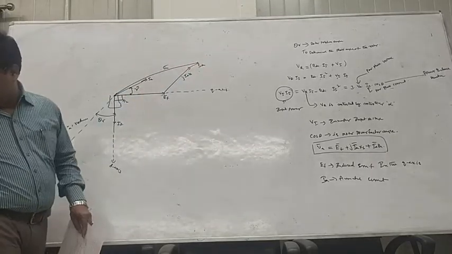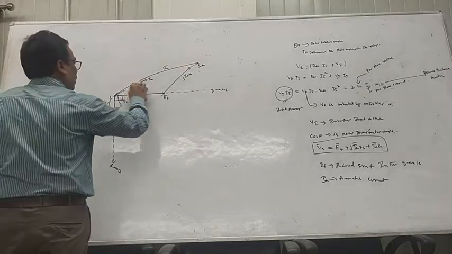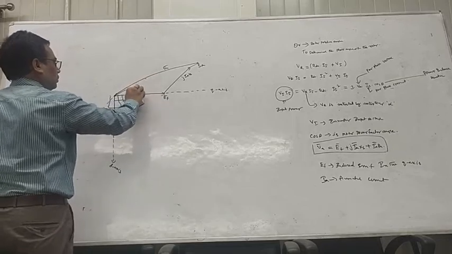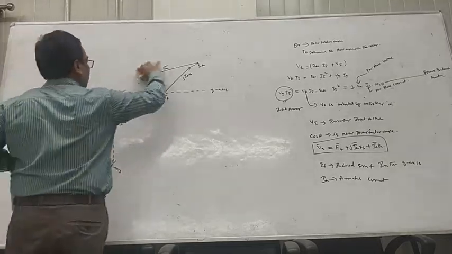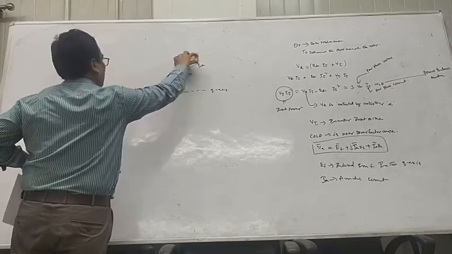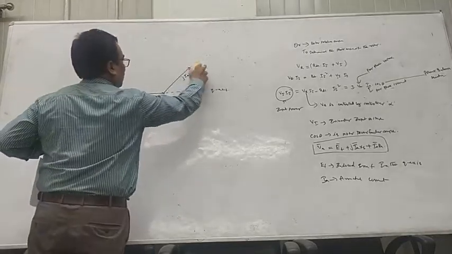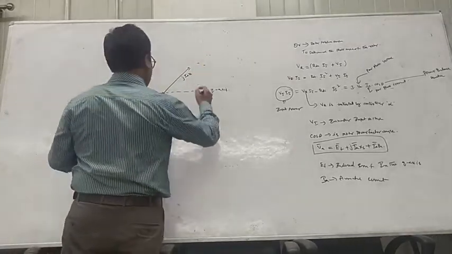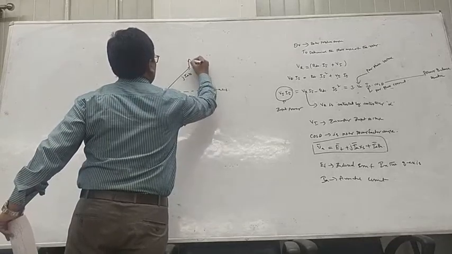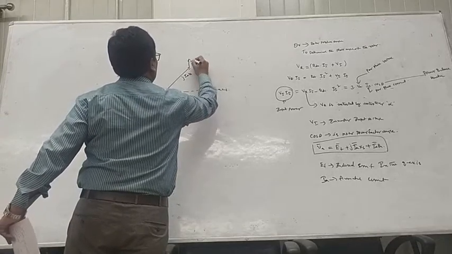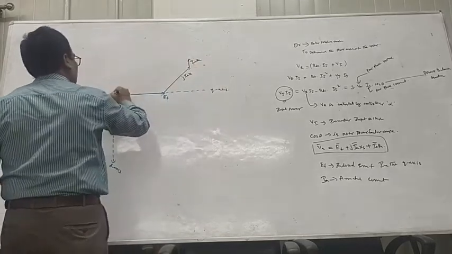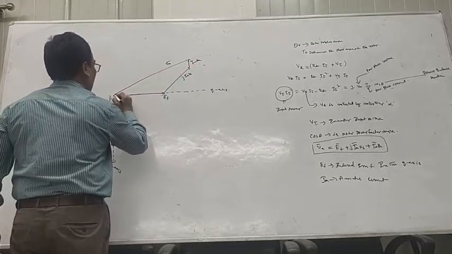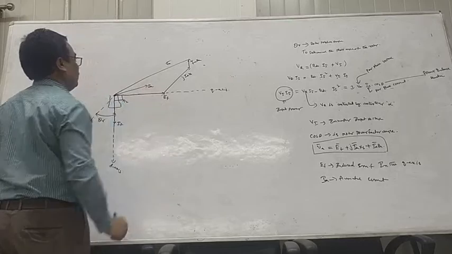So let us see here. This is IA into RA, and this is the voltage VA, and this current is IA.